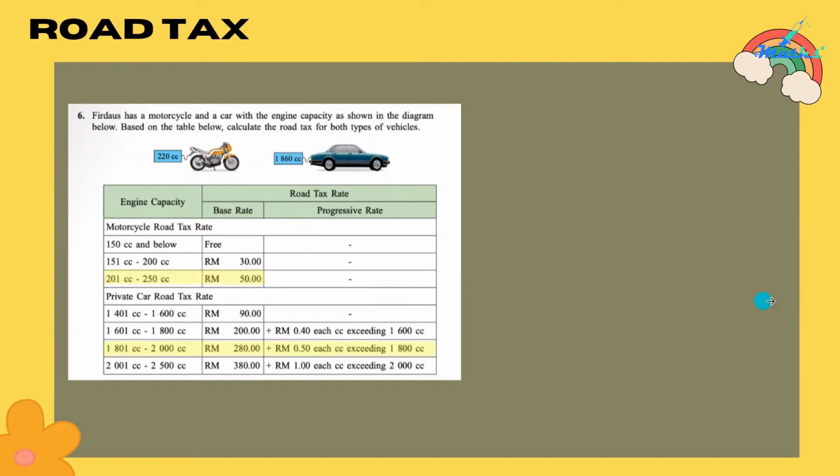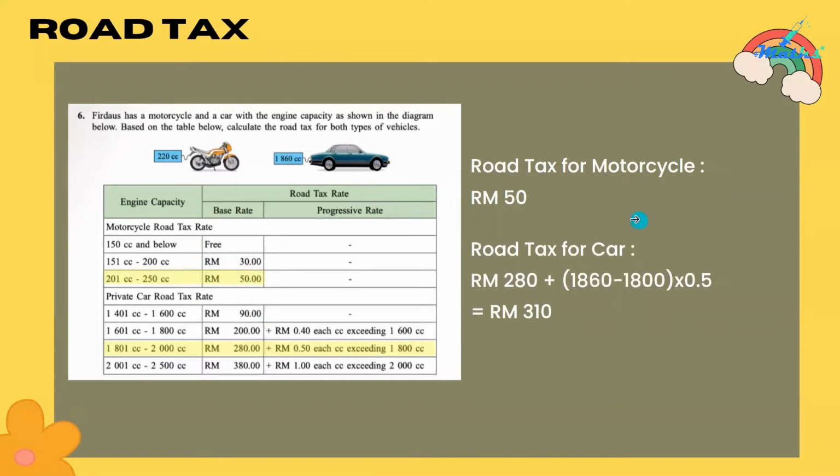So the road tax for the motorcycle is 50 ringgit, which is here. We don't need any calculation because the rate is only here. So next we count the road tax for the car.